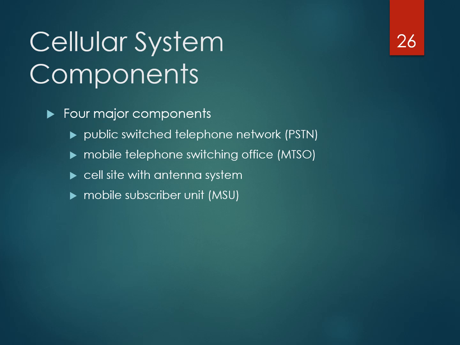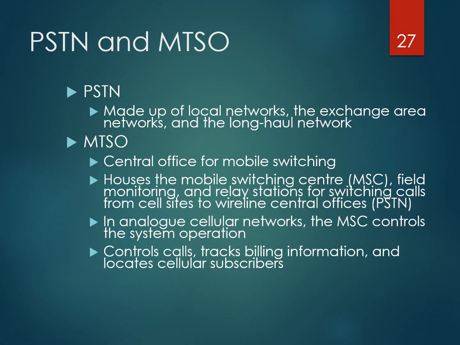Second, the mobile switching center, which we can also call the mobile telephone switching office, which connects the PSTN network to all the base stations. Third, the cell site with the antenna system, which we call the base station. And fourth, the mobile subscriber unit, which means the user. So PSTN and MTSO.